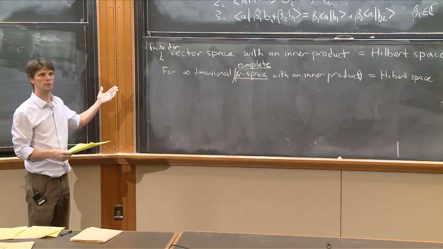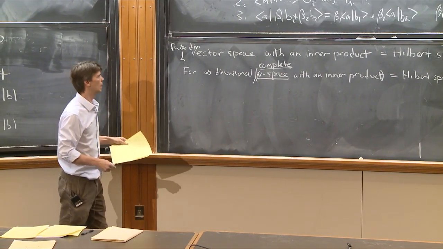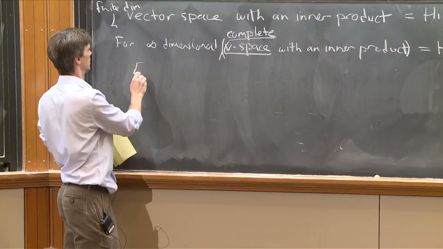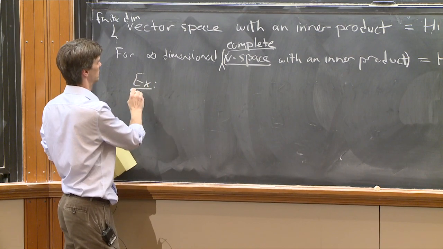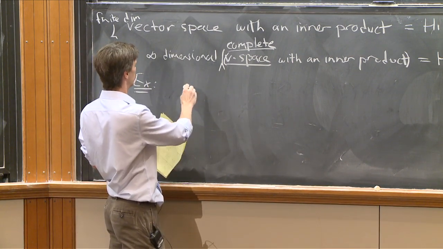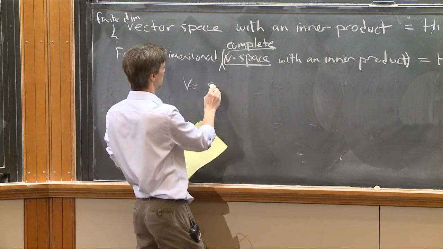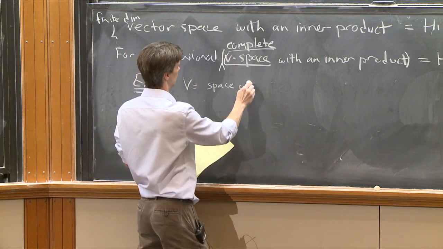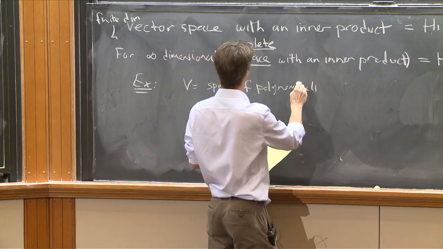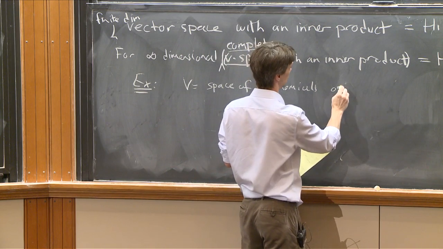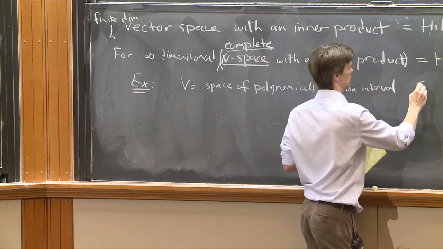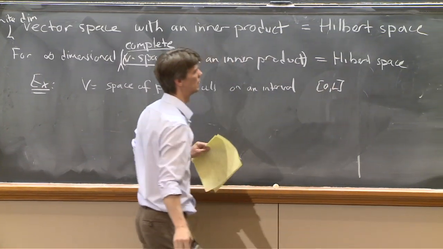So we need to define what we mean by complete, though, right? I don't want to spend much time on this, but we can just do an example. Let V equal the space of polynomials on an interval, zero to L, say.